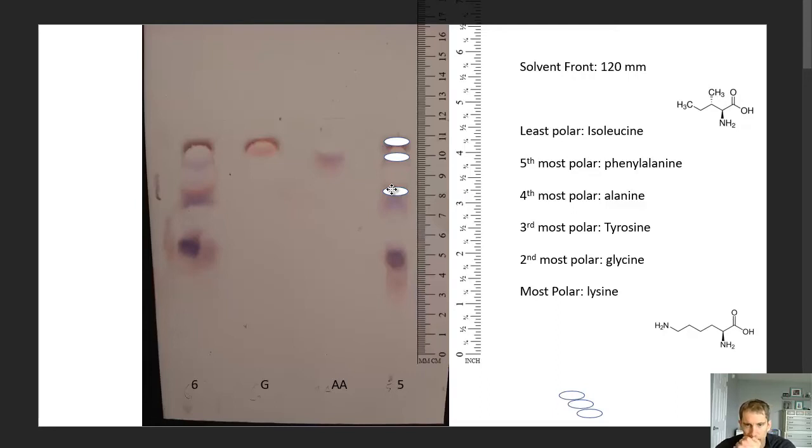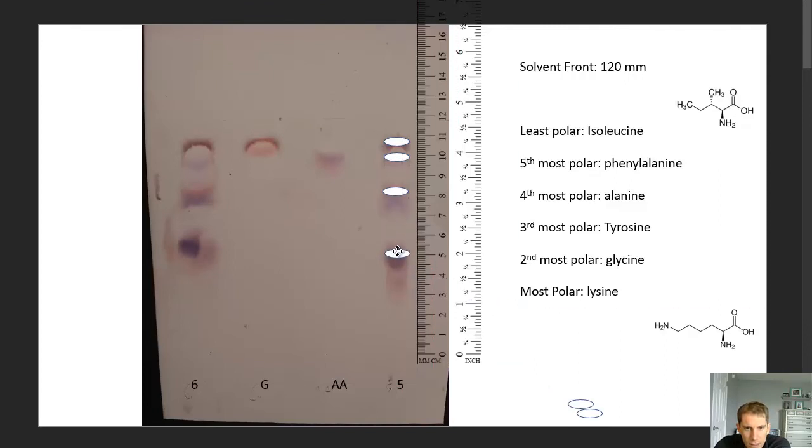So we decided that the fourth most polar is alanine, so that spot right there matches up with this spot right here. This could be debated that it's 2 spots, but from what we looked at with the RF values, we know that glycine and lysine are going to be very close to each other.